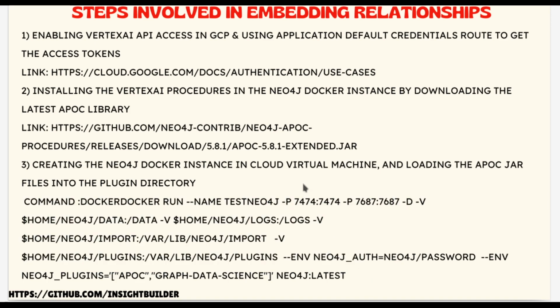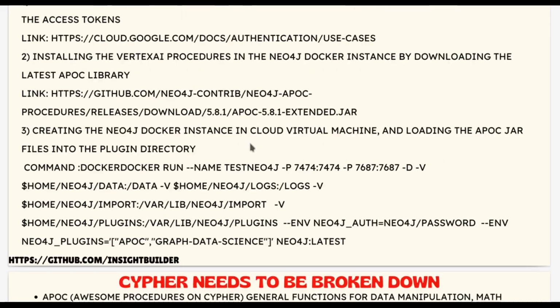When I initially spoke about Neo4j, I told you there are two libraries, APOC and Graph Data Science. These two libraries come as modules, like how we do pip install in Python. You can also install these modules into the Neo4j database by using something called plugins.